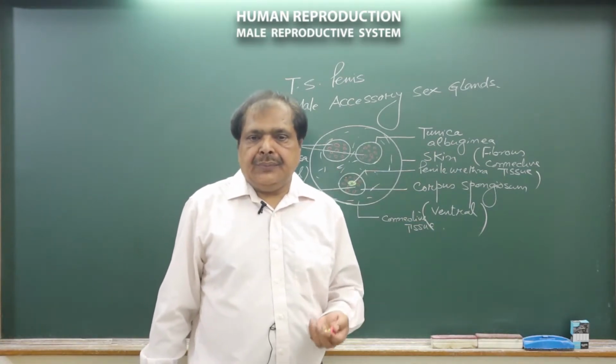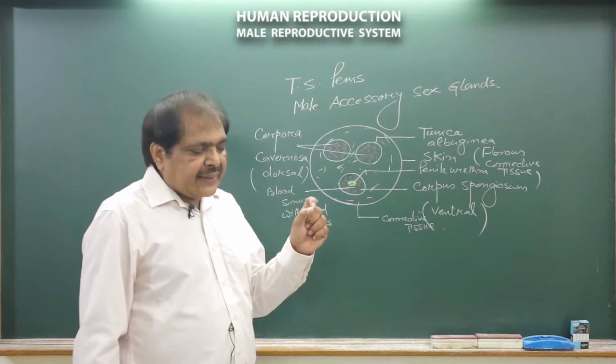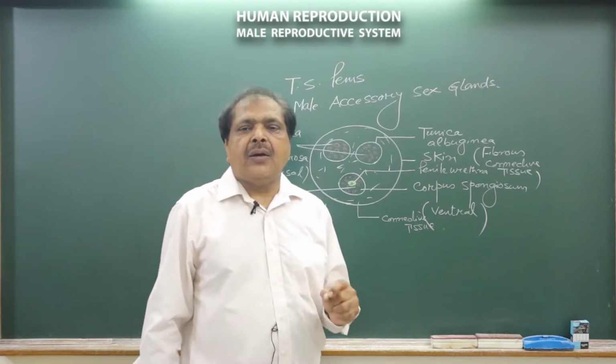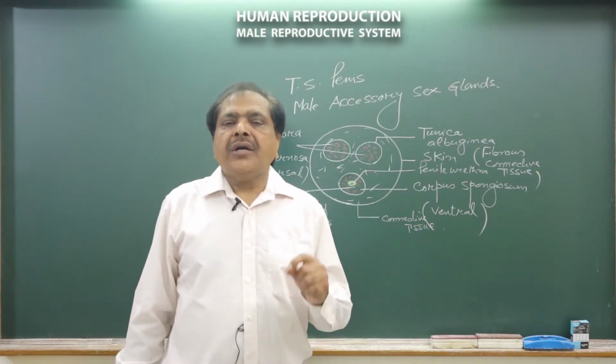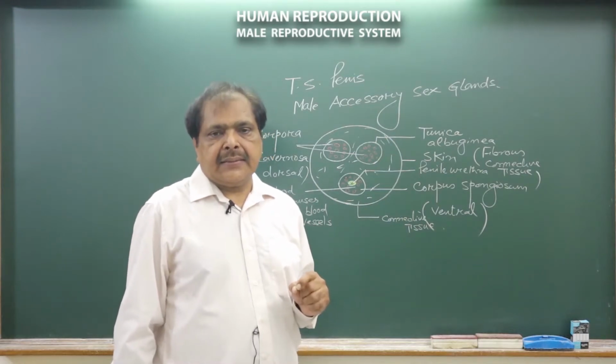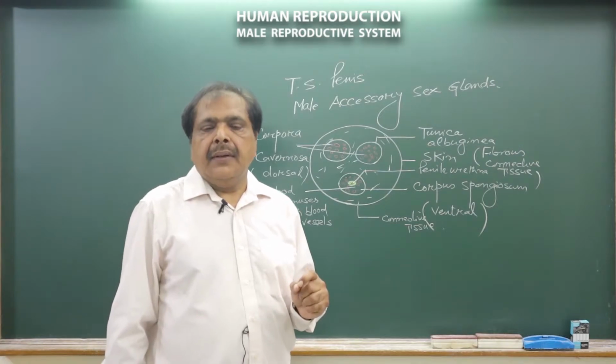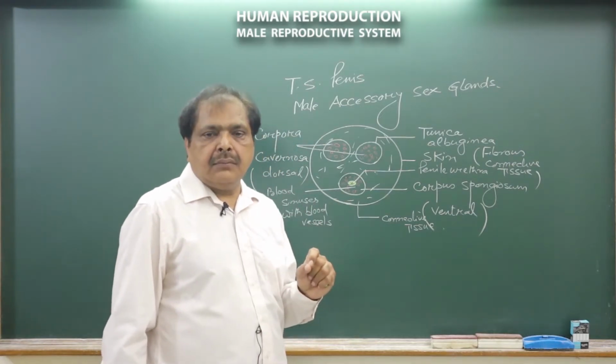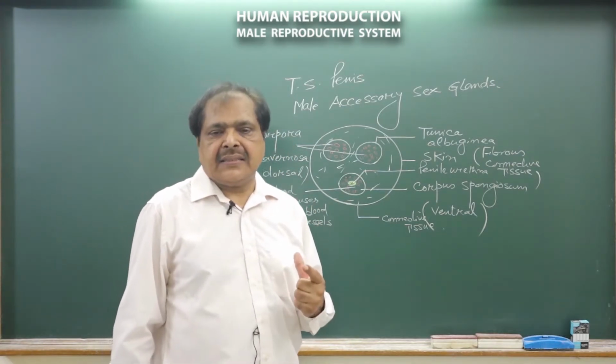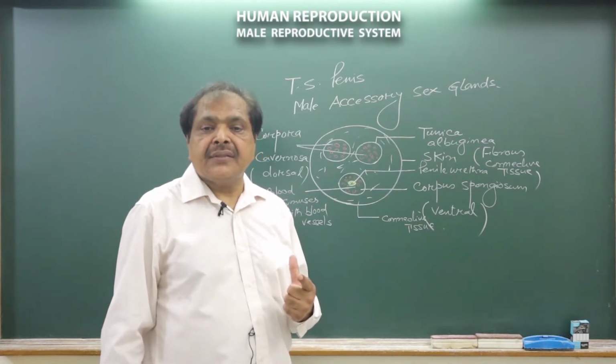I told you that during sexual arousal or during coitus or sexual intercourse, blood rushes into the penis. Where does it rush?